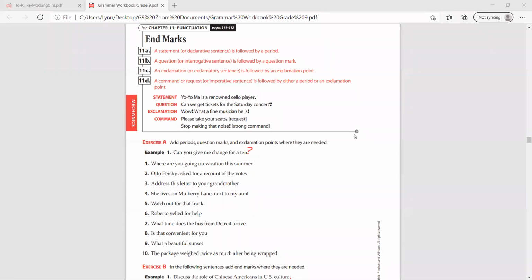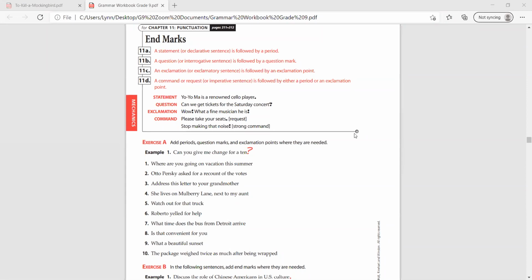Remember, a statement or declarative sentence is followed by a period. A question or interrogative sentence is followed by a question mark. An exclamation or exclamatory sentence is followed by an exclamation point. And finally, a command or request or imperative sentence is followed by either a period or an exclamation point.